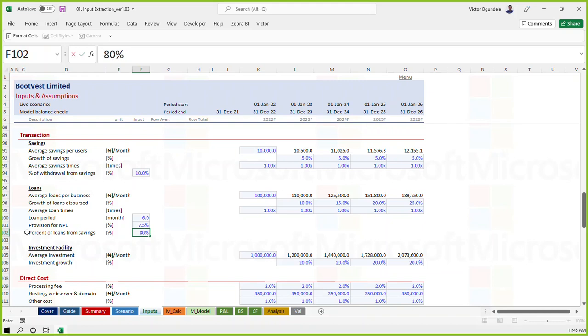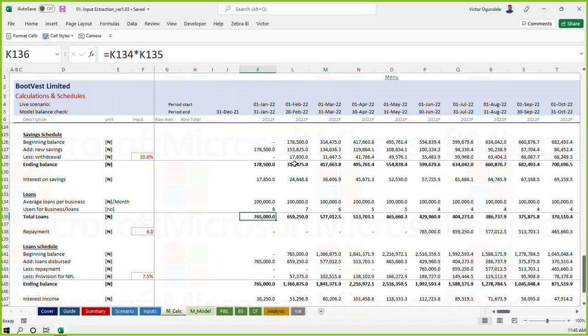I think should we make that 80%? Is that good? Okay, 90%. You remember we also need to make provision for people that want to withdraw their own funds as well.